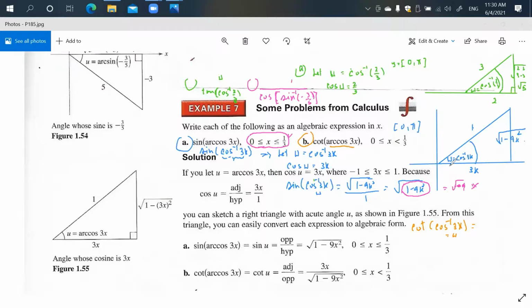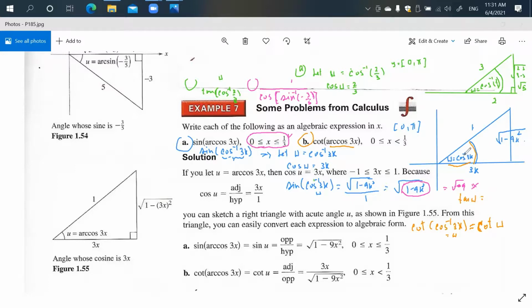Here, this angle equals u. So you can just write it down like this. You replace this with u, so it's easy to see they're equal. So you have cotangent u. If you want cotangent u, you first find tangent.